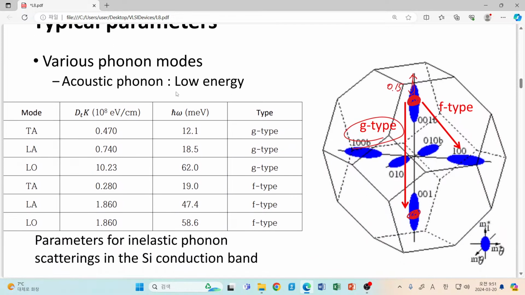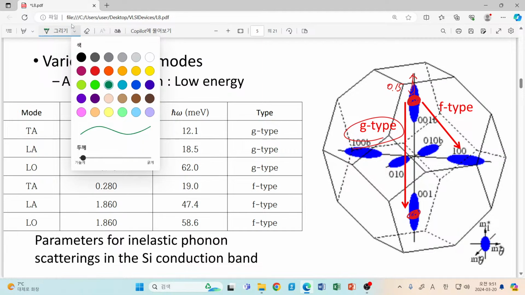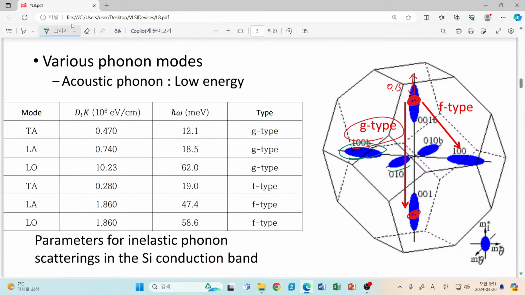Let me continue. Now let's have a look at these 6 copies of your conduction band minimum. I just told you how one phonon can move one electron from the top valley to the bottom valley in this drawing. However, we may think about other K values which move an electron to the other 4 remaining ones. Where can you find the 4 remaining ones? For example, this one, this one, this one, this one cannot be reached by just adding 0.3.